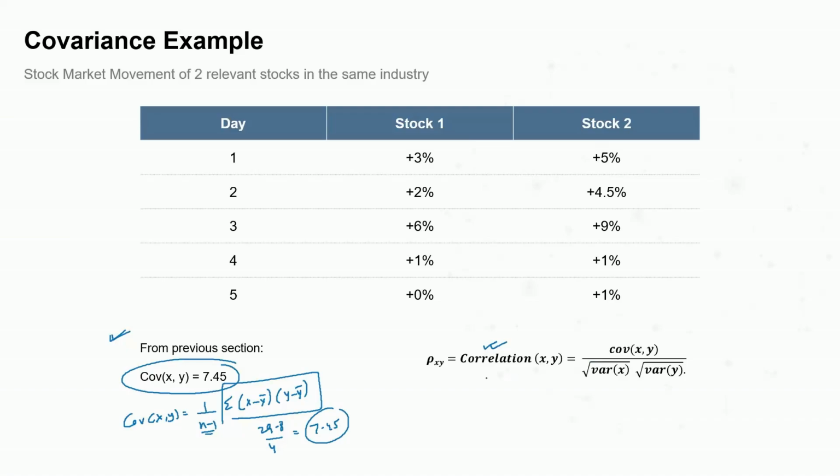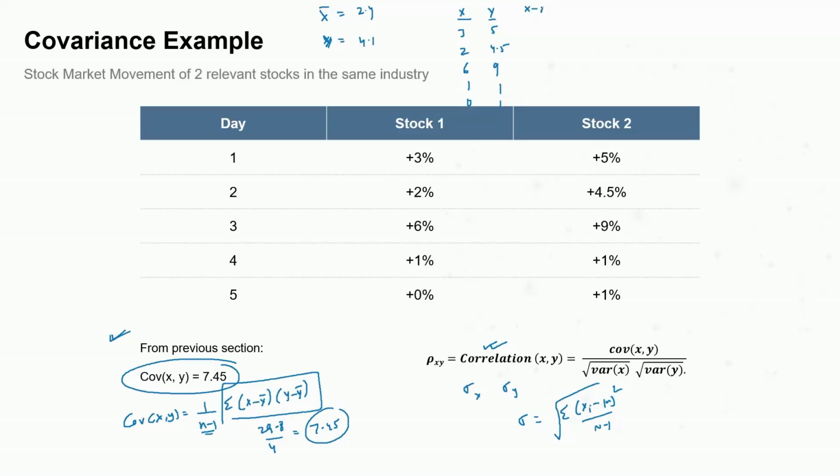In order to solve correlation, we have to find the sigma of x and sigma of y. What is the formula of sigma? We all remember it's the square root of the summation of (xi minus mu) squared divided by n minus 1. So again we'll write down x and y: x is 3, 2, 6, 1, 0 and y is 5, 4.5, 9, 1, 1. What was x bar? X bar was 2.4 and y bar was 4.1.